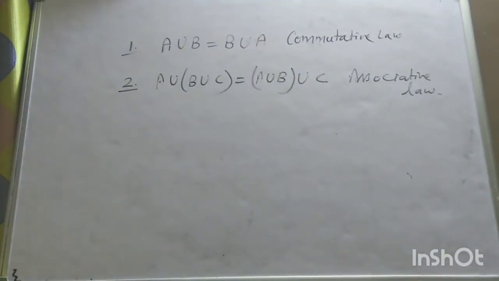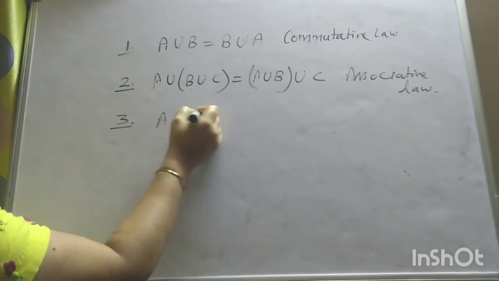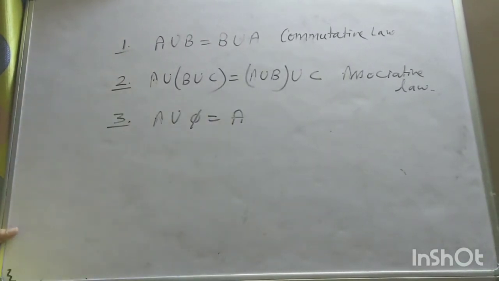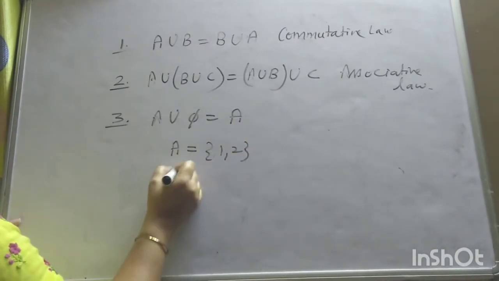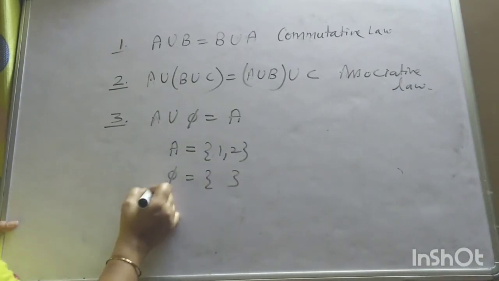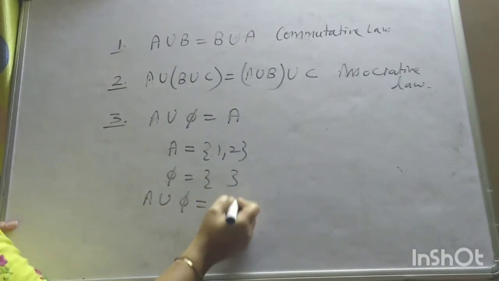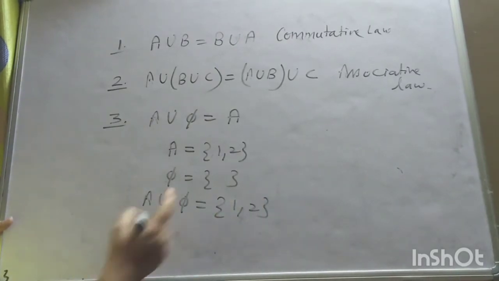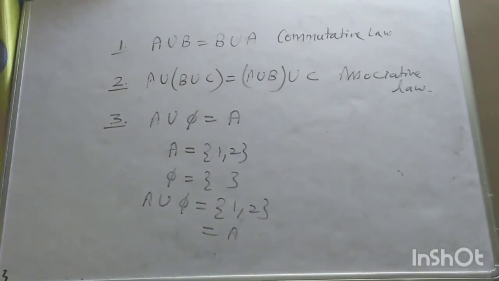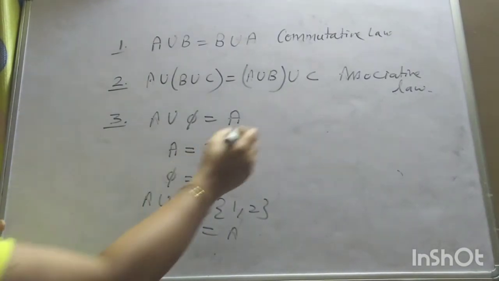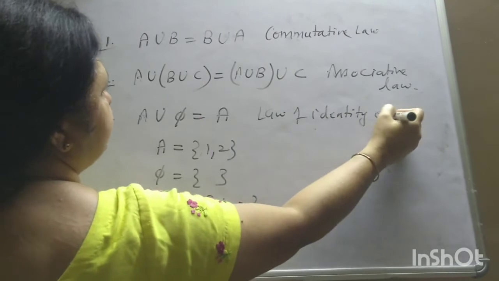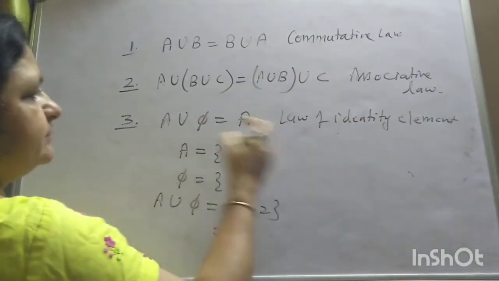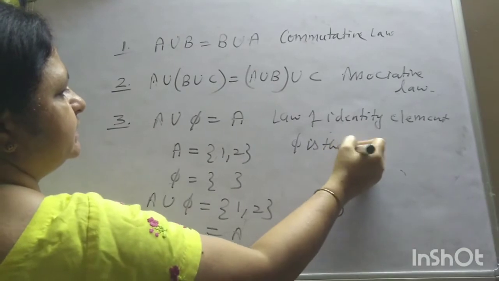Now, third property is A union phi is equal to A. If set A is 1, 2, phi means empty set, then A union phi is again 1, 2. So it means A. This is called law of identity element. And phi is the identity element.